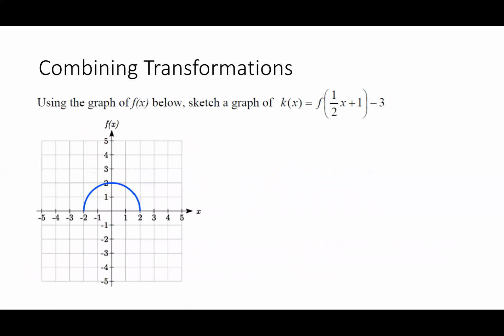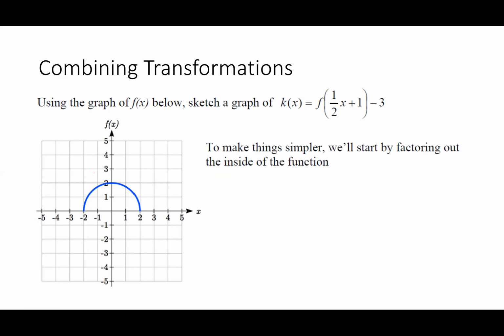Now, given this graph below, what I want you to do is make a sketch. Be very careful in the way that you go about this. There's some very subtle nuance that I want you to notice about the b value here. So first, in making this sketch, you needed to discern your transformations. First of which, you're going to factor out that 1/2 inside of the function.